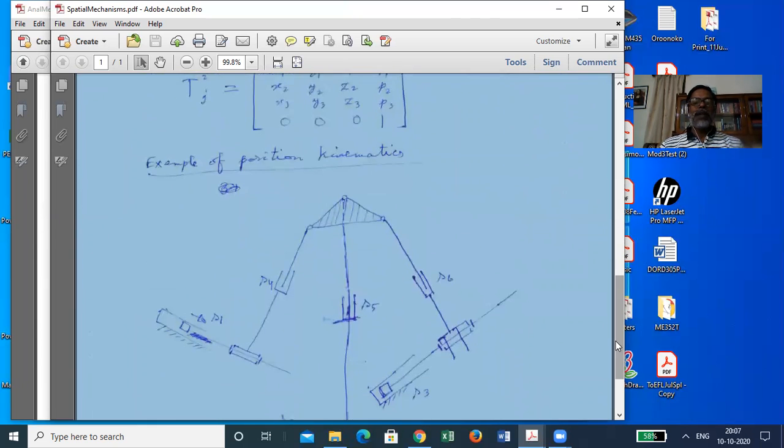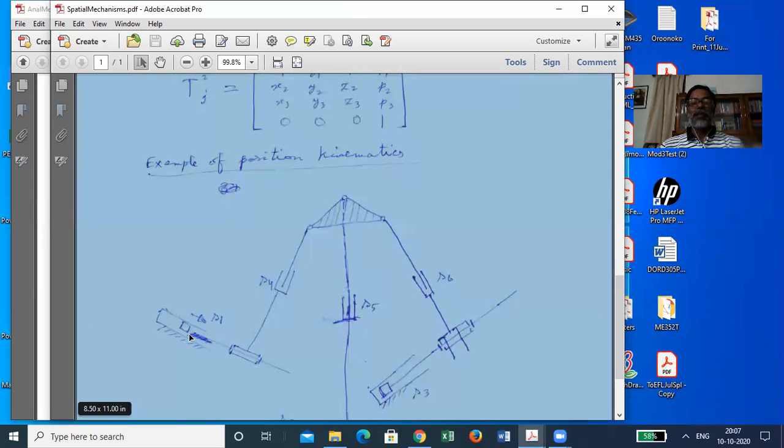How many pairs are there? One sliding pair, one revolute pair, another sliding pair, and a spherical pair. Okay, and that is so in each of these three legs. So try to see how many constraints are killed. So 5 constraints killed here. Five. How many freedoms are killed?